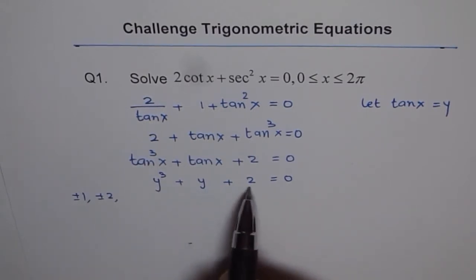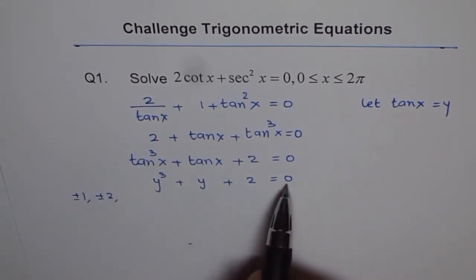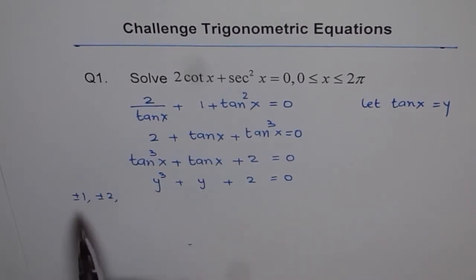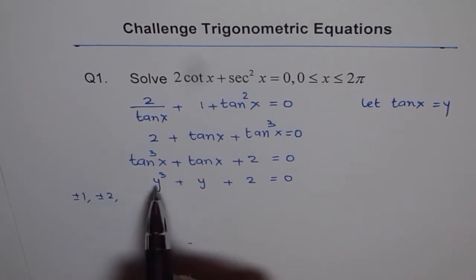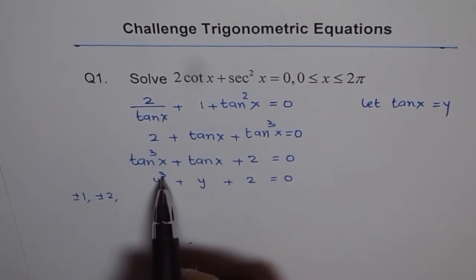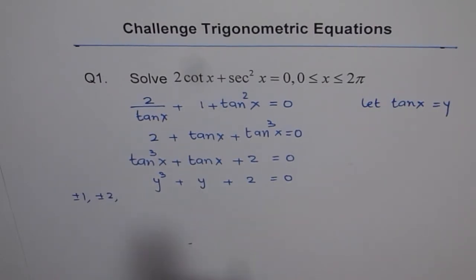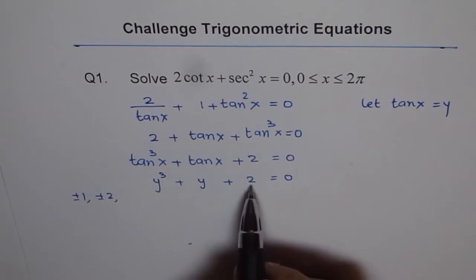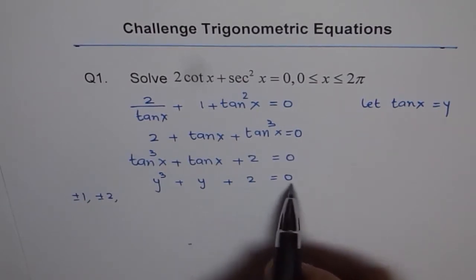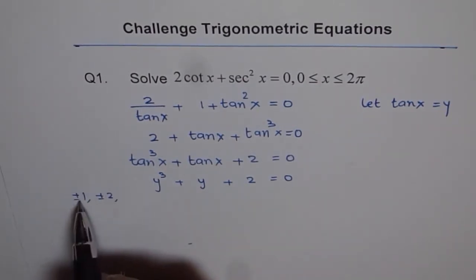Since all of the terms are positive, plus values will not give you 0, right? But minus values can. If you plug in minus 2 here, you get minus 2 cube, which is minus 8, and minus 2, so minus 10, plus 2 will give you minus 8, not 0. But how about trying with minus 1?